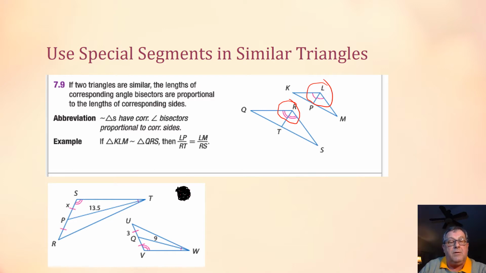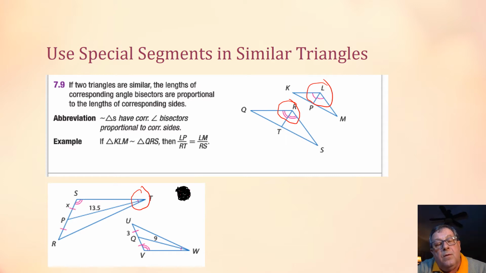Let's look at our diagram. I'm going to use the one on the top left, in your book on page 502. I see that segment TP is an angle bisector because I have angle congruency on either side of it: angle STP is congruent to angle RTP.